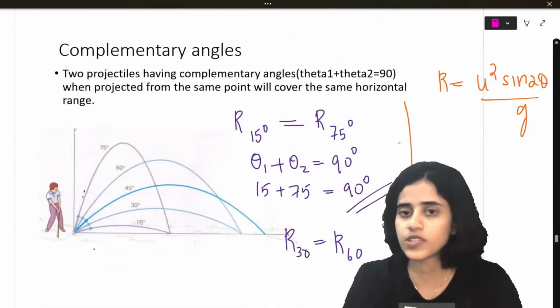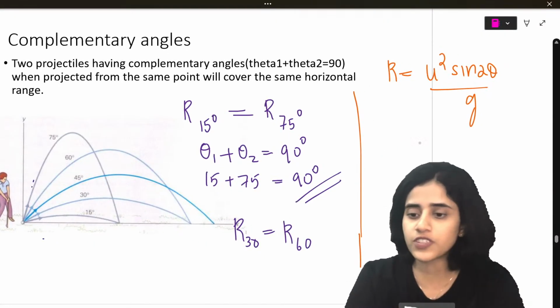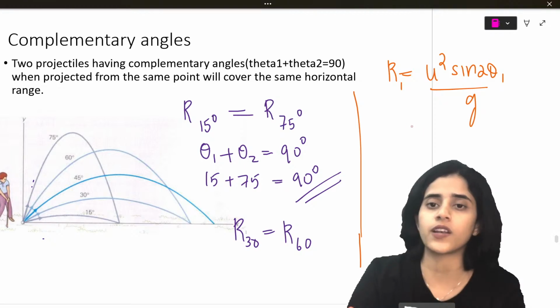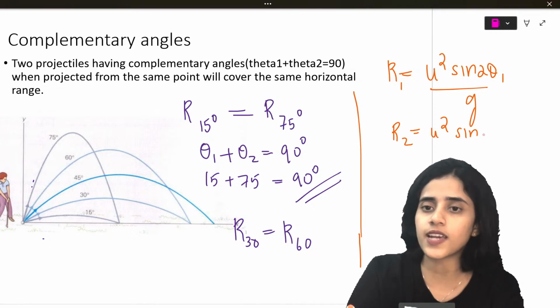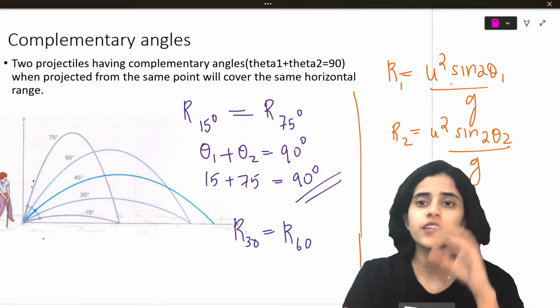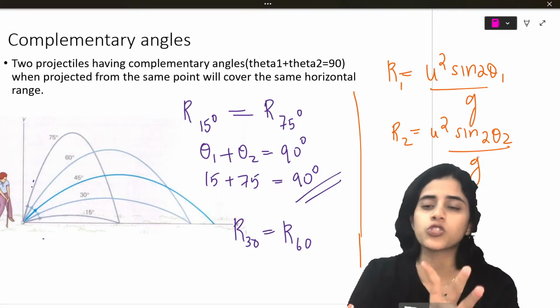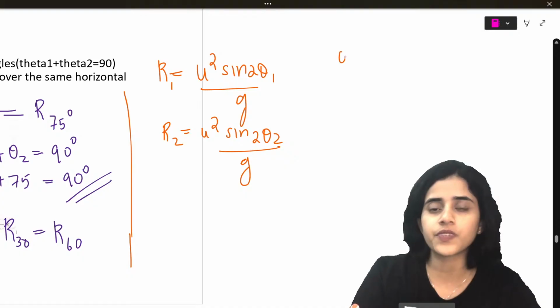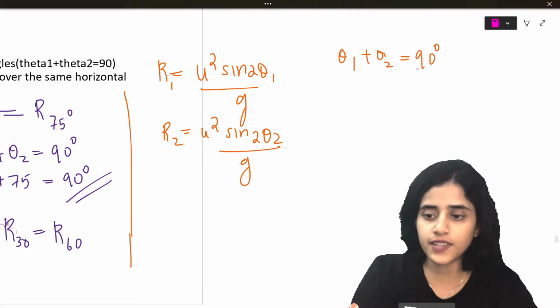So for R1, it's u square sine 2 theta 1 by g, and for R2, it's u square sine 2 theta 2 by g. Now we already know that theta 1 plus theta 2 should be equal to 90 degree.